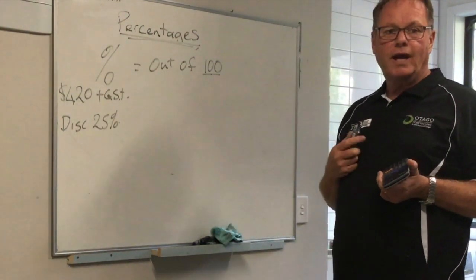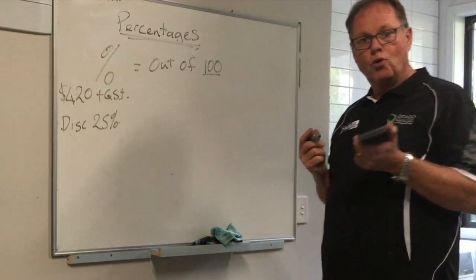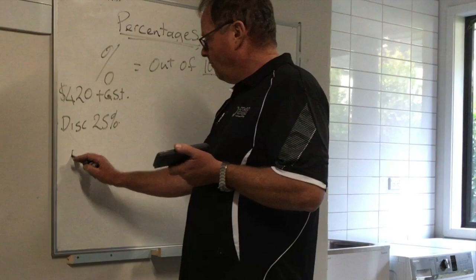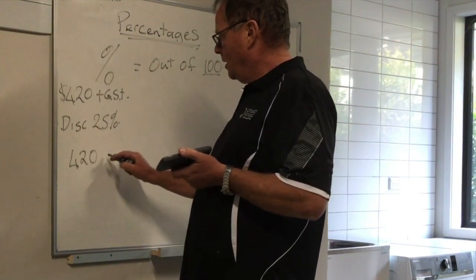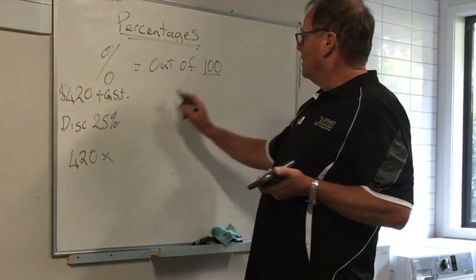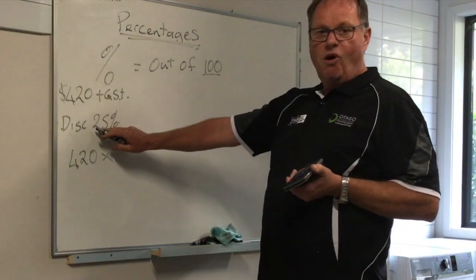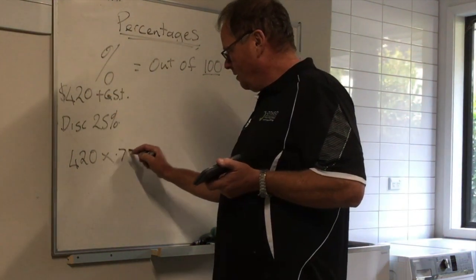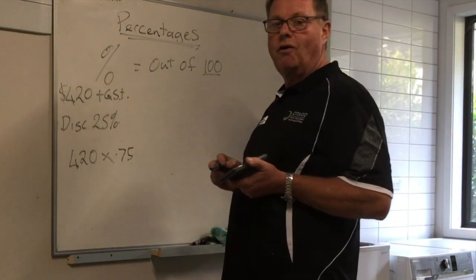So now let's work out what the cost of your portable plane is going to be. Start off with our base figure, 420 times our discount. So what's that figure going to be? It's going to be 100 less 25. 100 less 25 is 75, or 0.75.